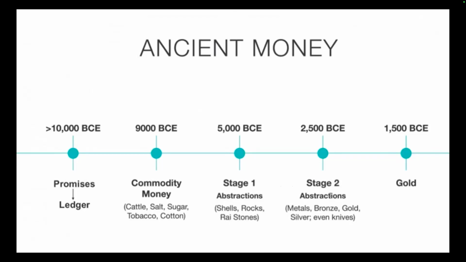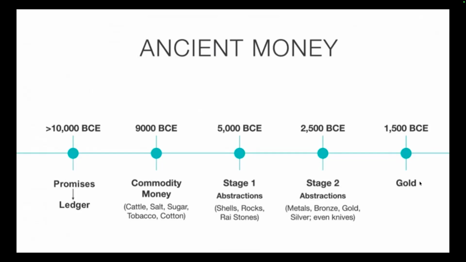And then we moved on with the abstractions, and we started using bronze and silver, metals which were harder to mine or harder to produce, and they were more universal. Rhinestones only work in a particular part of the world. They don't really work as a means of exchange anywhere else. And same with shells or rocks, it depends where you are. They might be easy to get or they might be harder to get. So it was not that universal. Metals became a bit more universal.